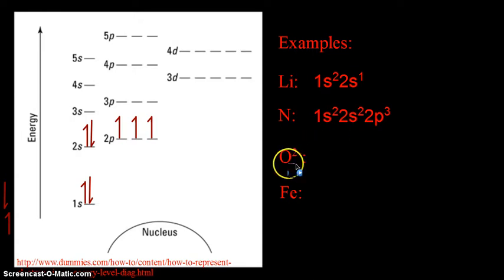You can also make the energy level diagrams for ions. If you look at the O2 minus ion, now oxygen is right next to nitrogen on the periodic table, so normal oxygen would just have 1 more electron than nitrogen does.